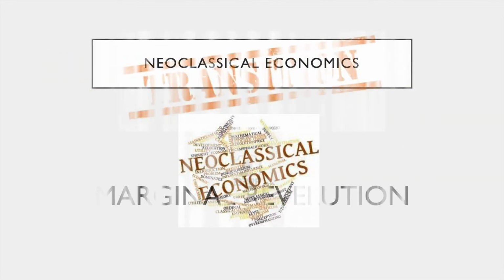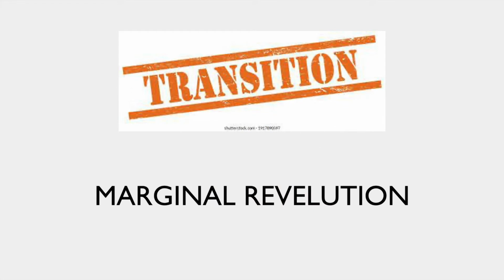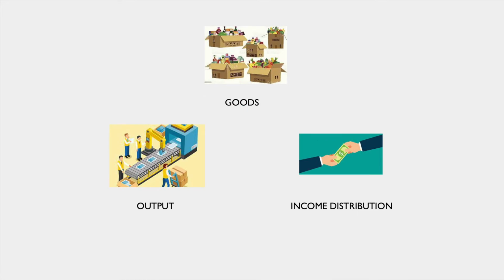The transition from classical economics to neoclassical economics is usually called the marginal revolution. Neoclassical economics is a school of economic thought that primarily focuses on the determination of goods, outputs, and income distributions in markets from the perspective of supply and demand.